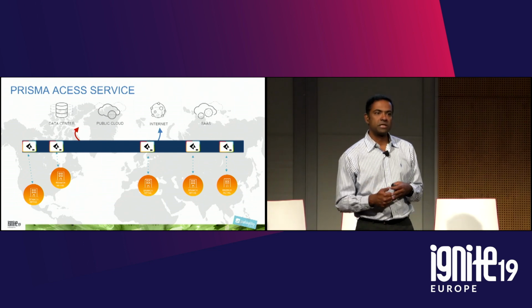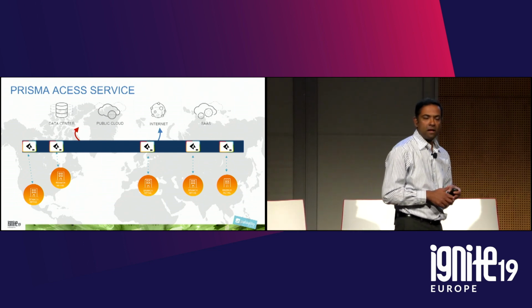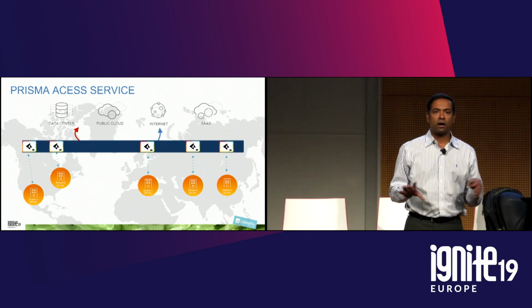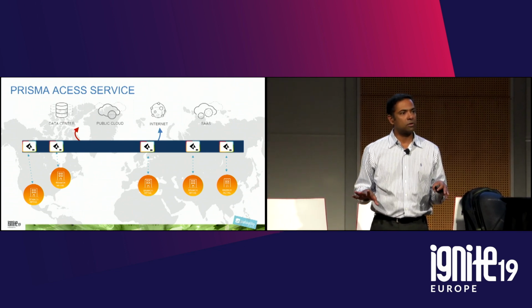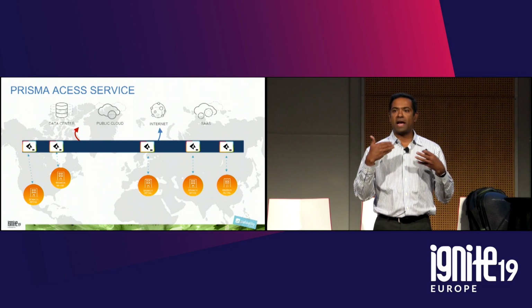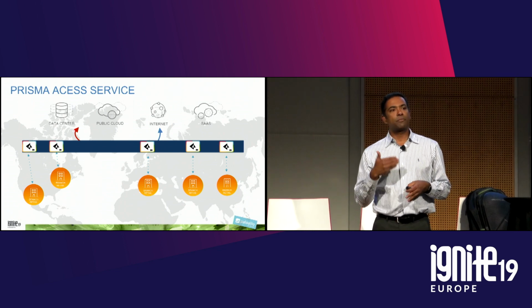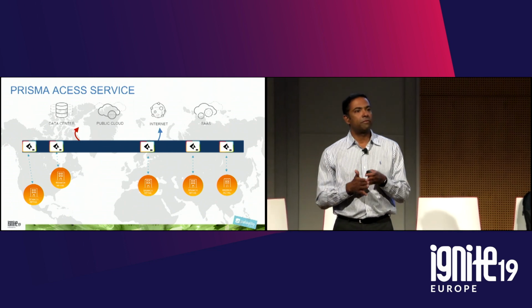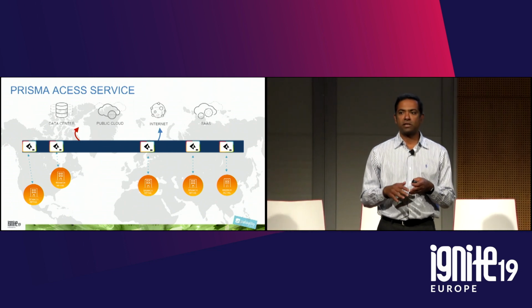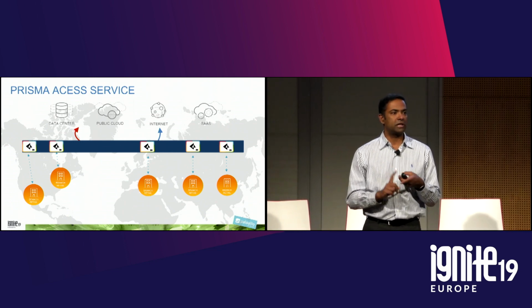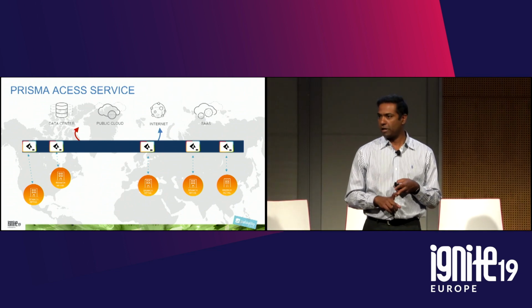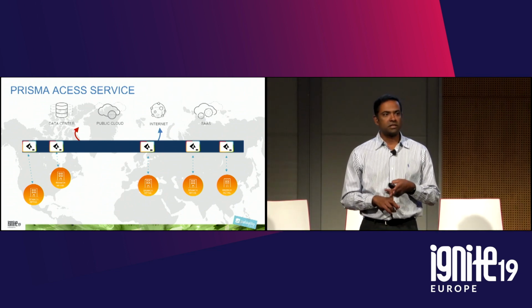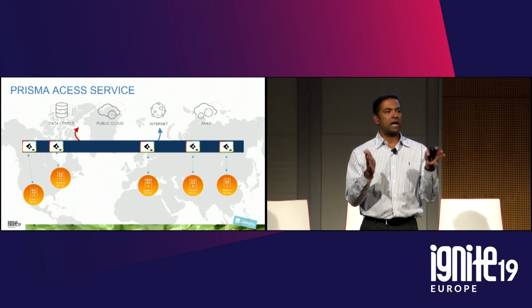And that's exactly what Prisma Access is trying to deliver, which is we create a layer around the world, and we have about 100 plus locations around the world where the Prisma Access service is available. It provides network connectivity and routing for you to be able to get to all kinds of applications, whether the application is in your data center, a SaaS, or deployed in public cloud, and also access to the internet.